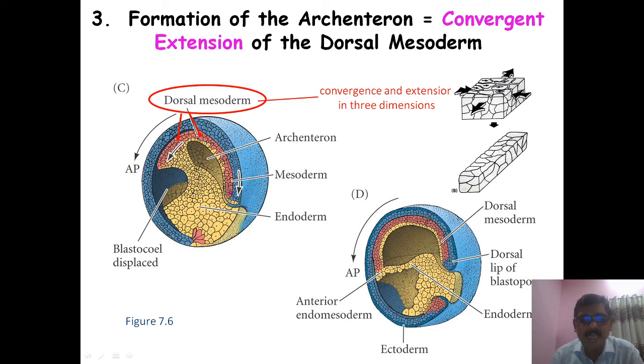These red color cells undergo extension, so they replace the entire cavity. The blastocoel cavity is replaced, and as the inward movement advances, another cavity, the archenteron, progresses.